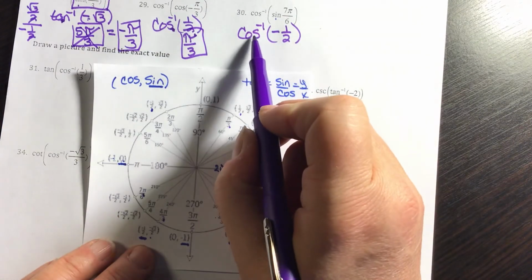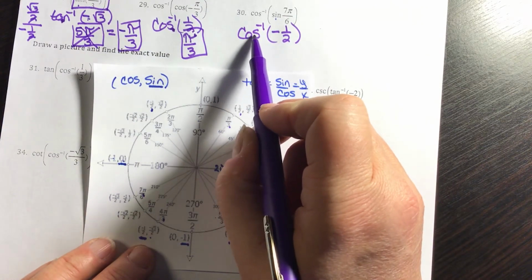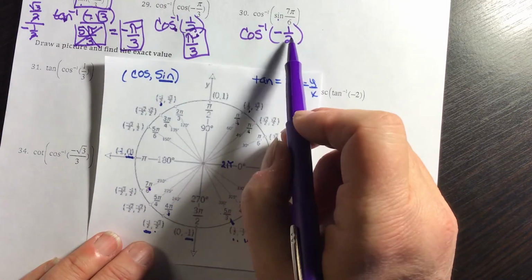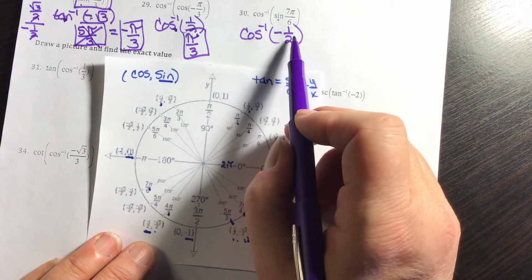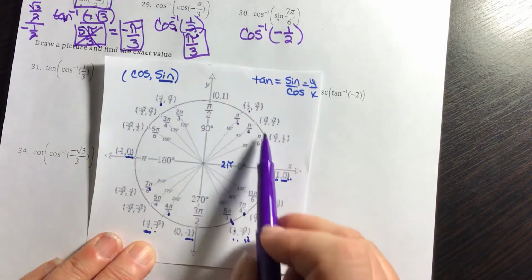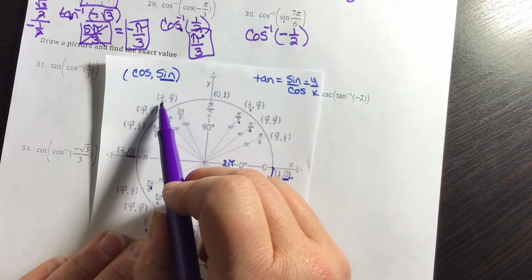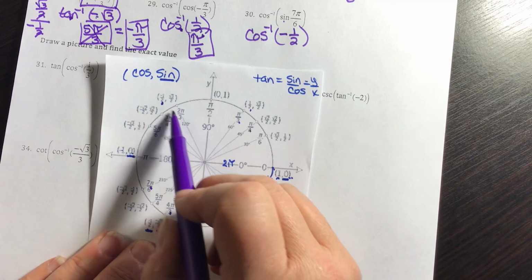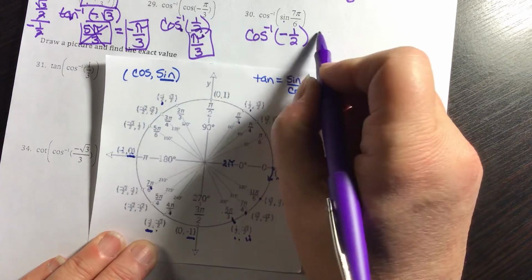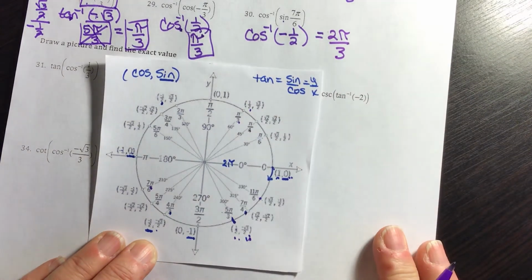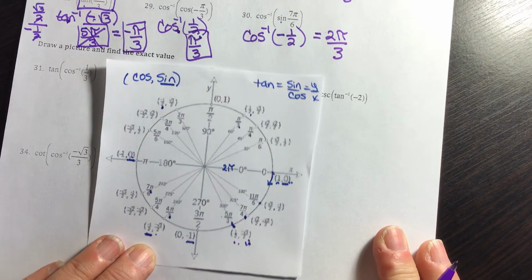The inverse function for cosine has to be in quadrants 1 and 2. So I'm looking for cosine to be negative 1/2 in the top 2 quadrants. The first number is negative 1/2 right here, and that would be 2 pi over 3. All right.